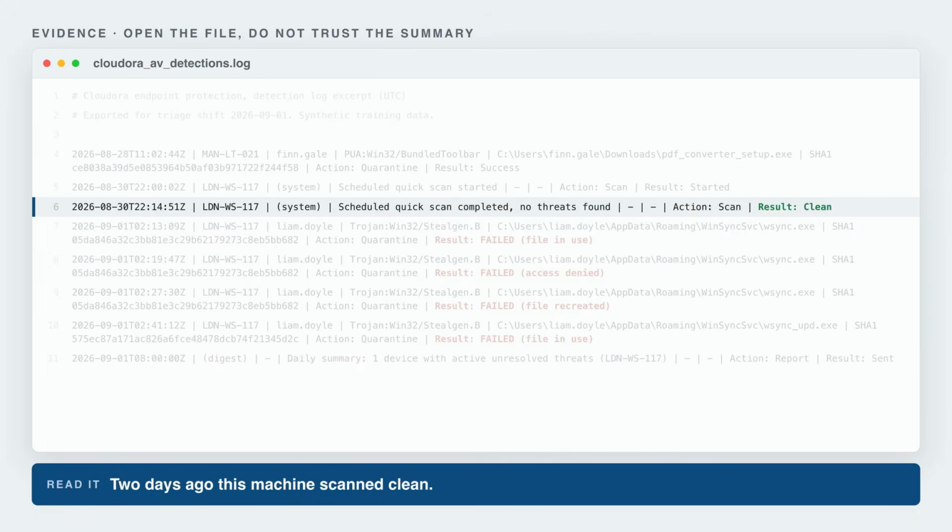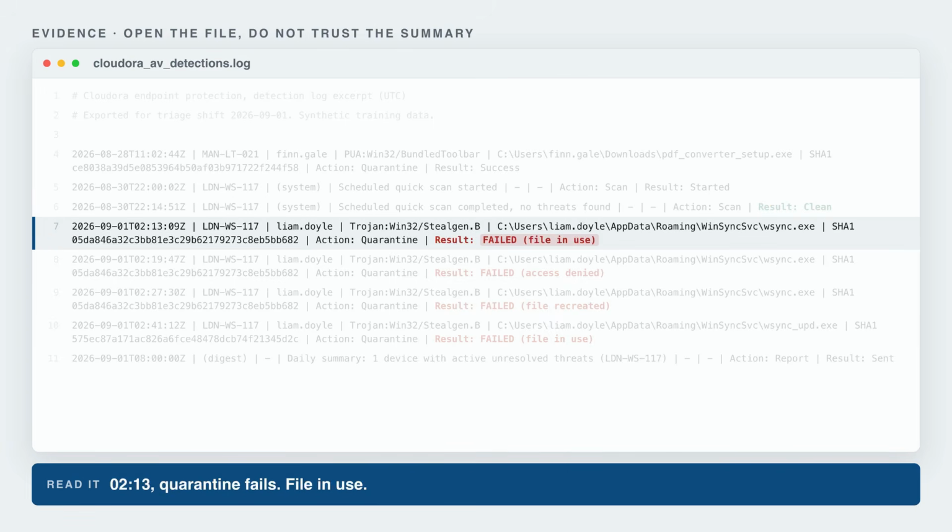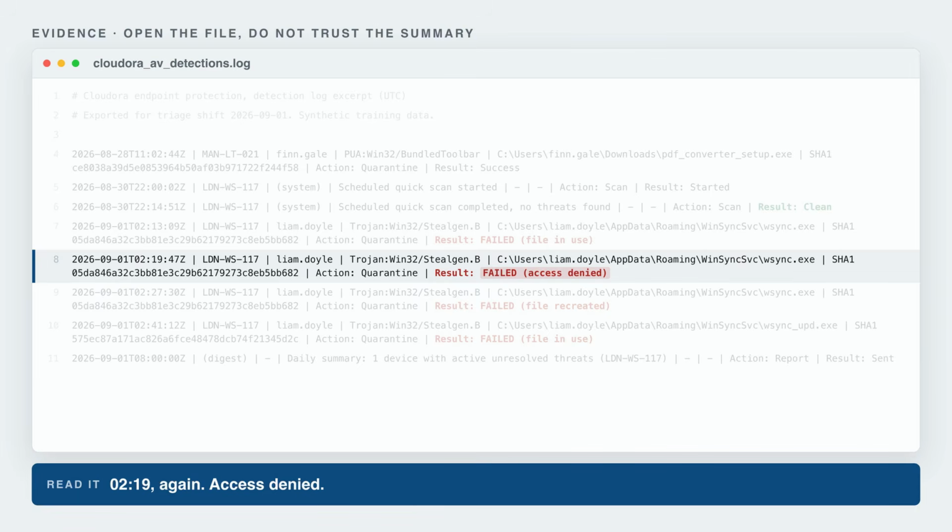2 days ago, this same machine ran its scheduled scan, clean. Then last night, 2:13, a detection in the user's app data folder, a file calling itself wsync.exe sitting inside a folder dressed up to look like a sync service. Quarantine failed. Reason, file in use. 2:19 again, failed.